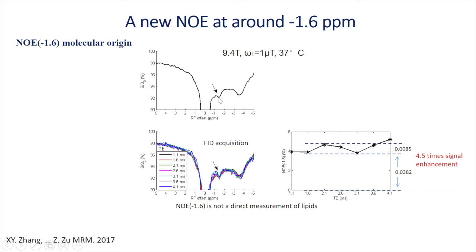So you can find here the dip is narrower than that we get on animals. We think that in the membrane, the membrane is more rigid, and thus the choline head group T2 is shorter, and thus the dip is wider. So we think that in biological tissues, the enhancement should be higher.